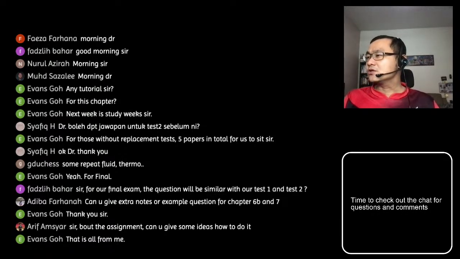About the assignment, can you give some idea how to do it? Okay. For the assignments, it's actually a bit open-ended. Meaning whatever information is not given there, you can always assume. For example, the input, whether it's step input, ramp input, or whatever it is, you have to make some assumptions based on the specification given.